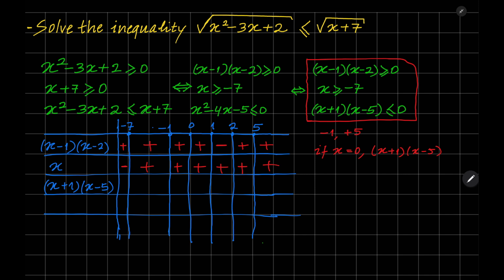If we substitute 0 for x, 0 plus 1 times 0 minus 5, that means this is -5, which is less than 0. So the value of the equation is less than 0 between -1 and +5.